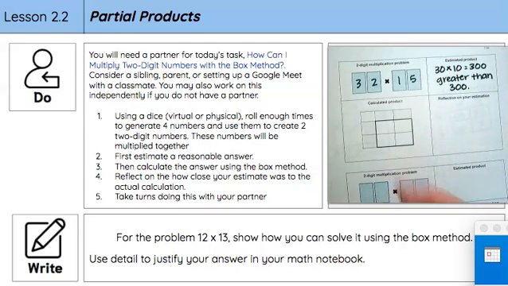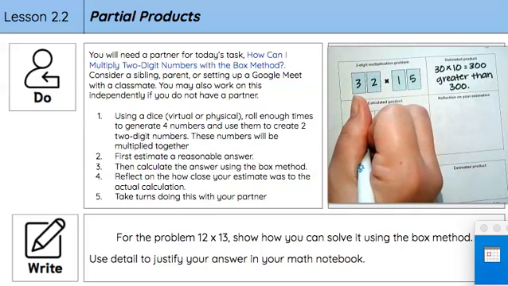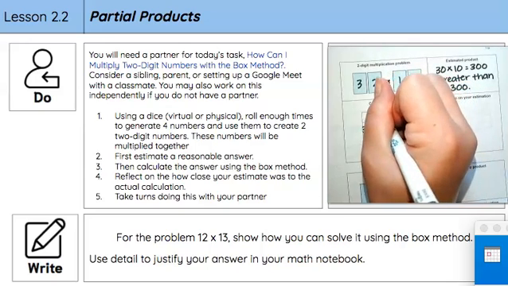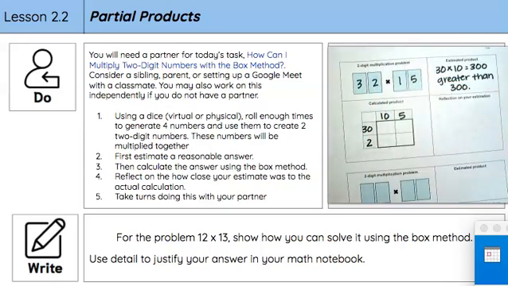Okay, now let's actually calculate it. So I'm going to break up 32 by its place value. So I get 30 and 2. And then I'm going to break up 15 into 10 and 5. And now I'm going to actually do the calculations.